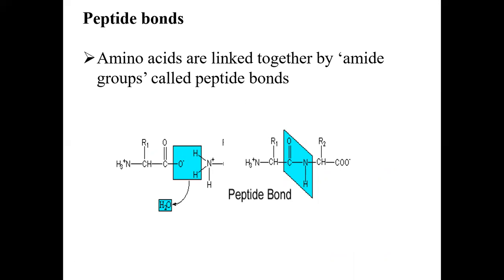So what happens during that process? The amino group releases one proton, and the carboxyl group releases one hydroxyl group. They form a peptide bond, and that hydroxyl and hydrogen combine to form a water molecule.